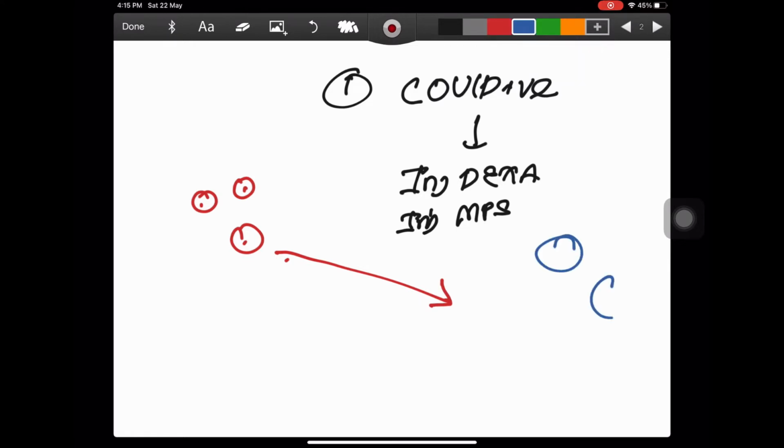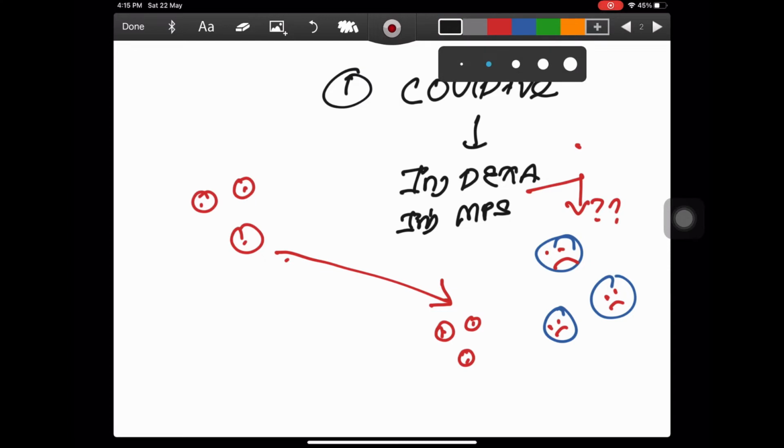Now the phagocytes come, but they are not able to phagocytose them properly. Why? Because injection dexa and injection MPS have an inhibitory effect on the phagocytes.